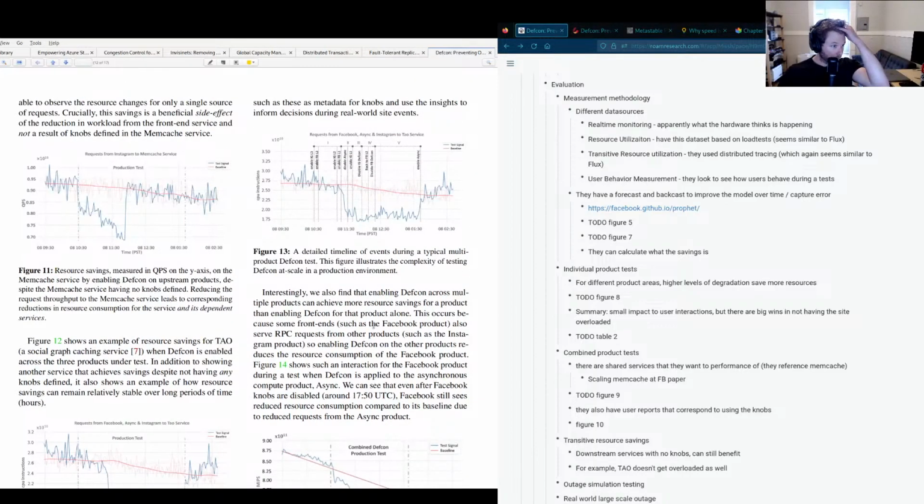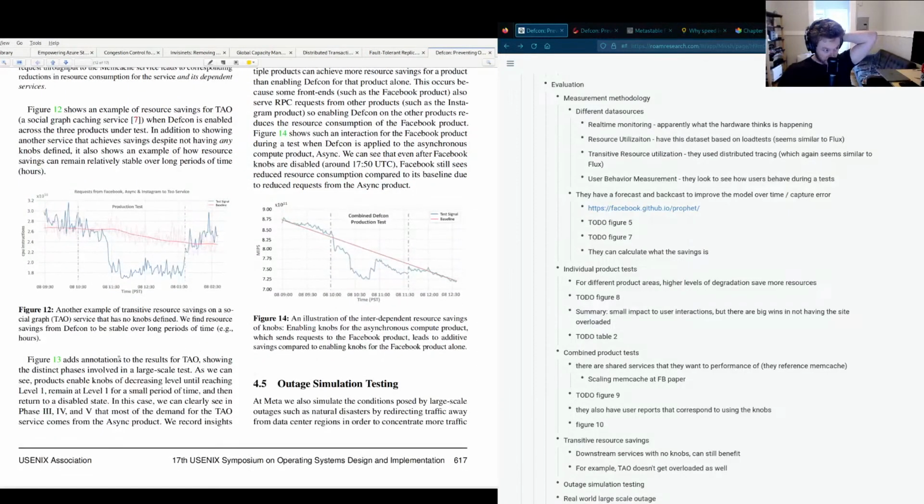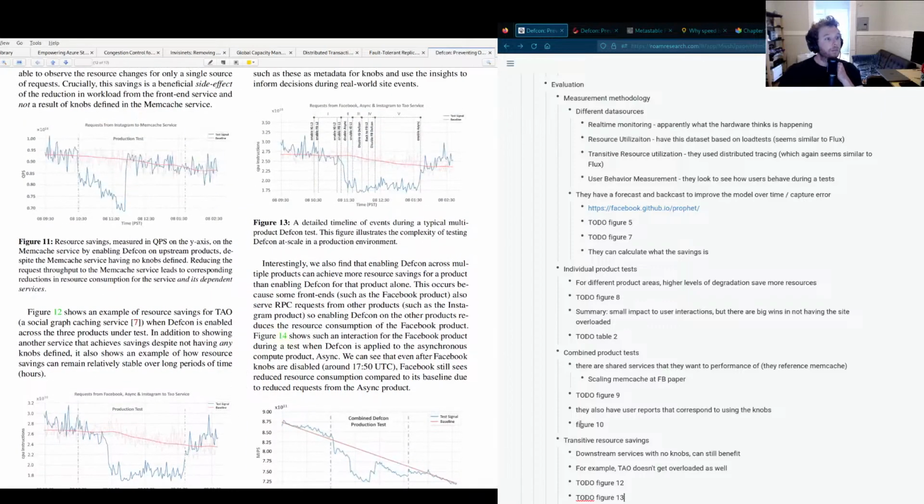Okay. Figure 13. That's cool. Very cool. That's very cool.